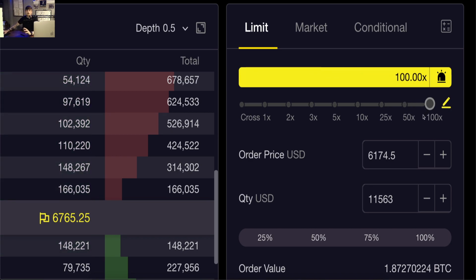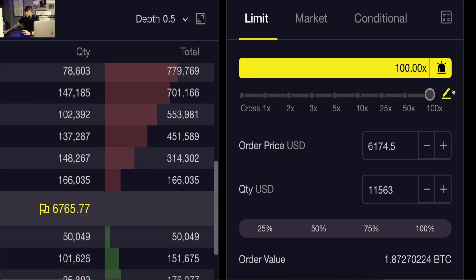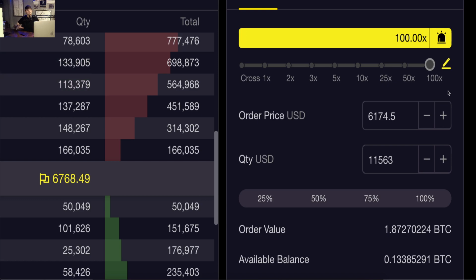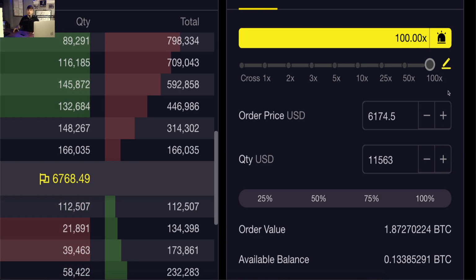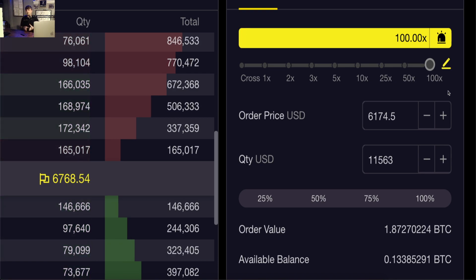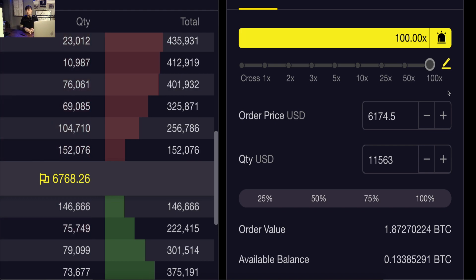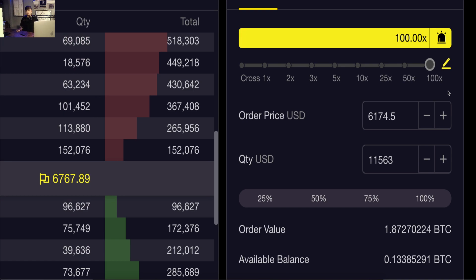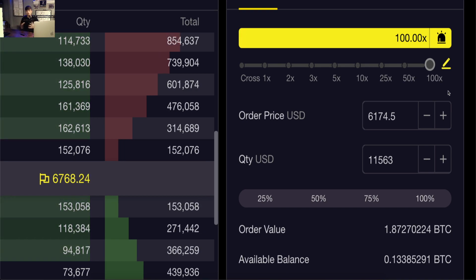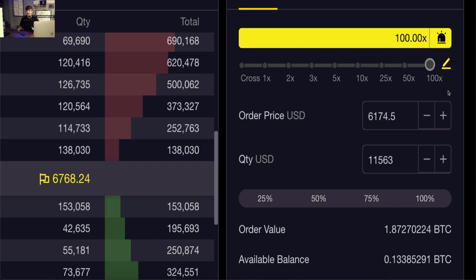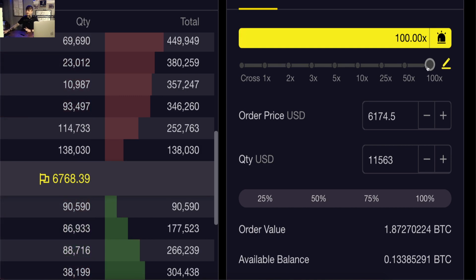The reason why 100x is very risky is because if Bitcoin goes up $700, yes, your 1 Bitcoin is now 7 Bitcoin or around that, because obviously there's fees and stuff. But if Bitcoin turns around and goes down $100, then you lose your whole 1 Bitcoin. That's the risk that you're putting up with this 100x leverage.